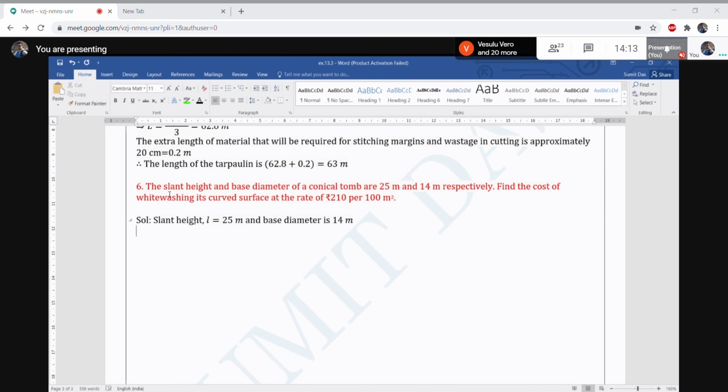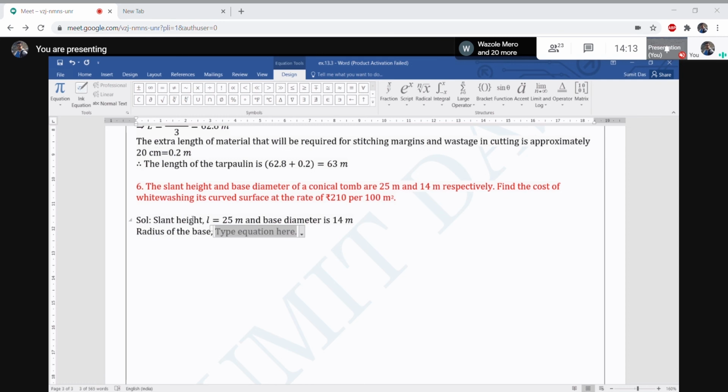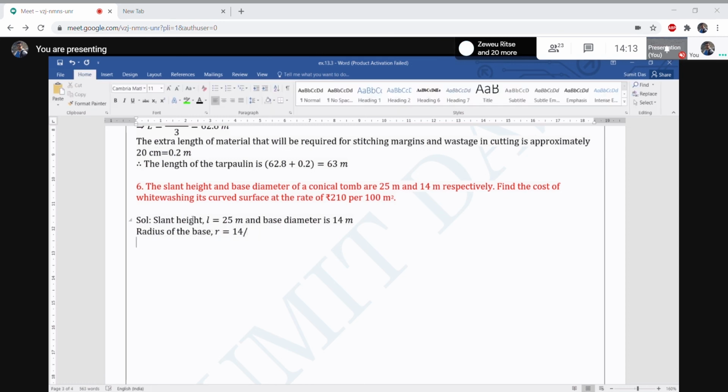Therefore the radius of the base is R equal to 14 by 2, which is equal to 7 meter.